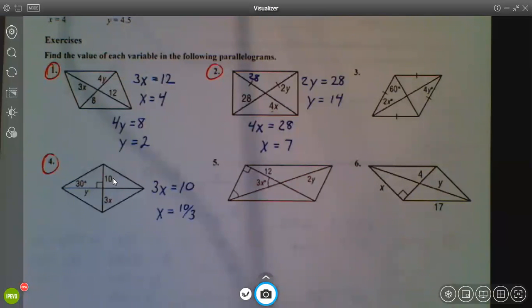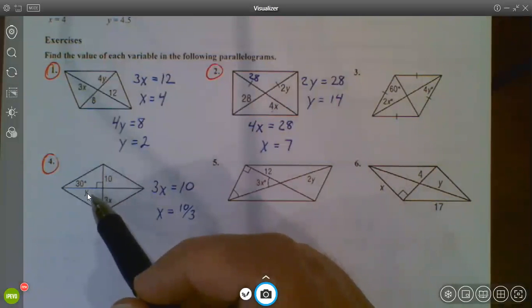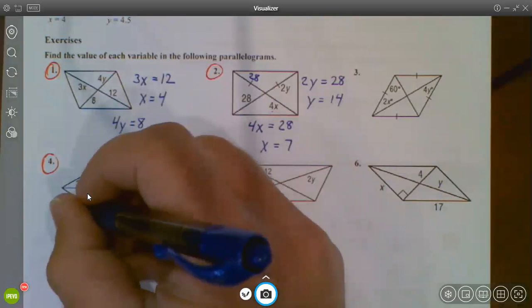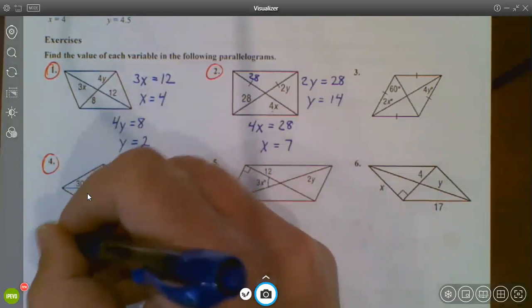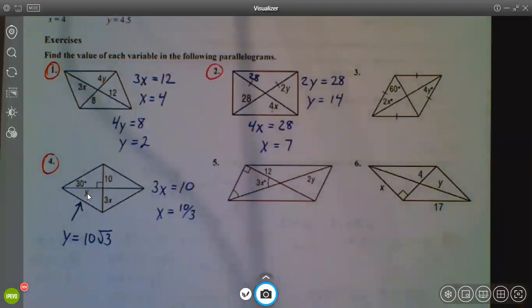Here my short leg is 10. Y is representing the long leg of that triangle. So think to yourself for a minute, how do we go from short leg to long leg? The rule was we multiply by the square root of 3. So if my short leg was 10, then my long leg is 10 radical 3.